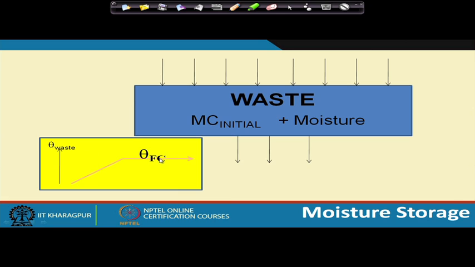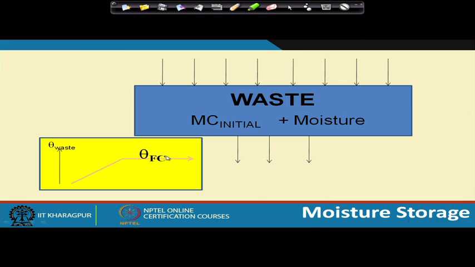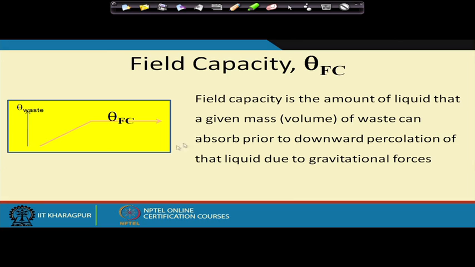So theta FC is the field capacity. It is the maximum moisture content that the garbage can hold against gravity. Anything more than that, you will start to see leachate leaking out from that waste stream. What is the field capacity? It is the amount of liquid that a given mass of waste can absorb prior to downward percolation of that liquid due to gravitational forces.